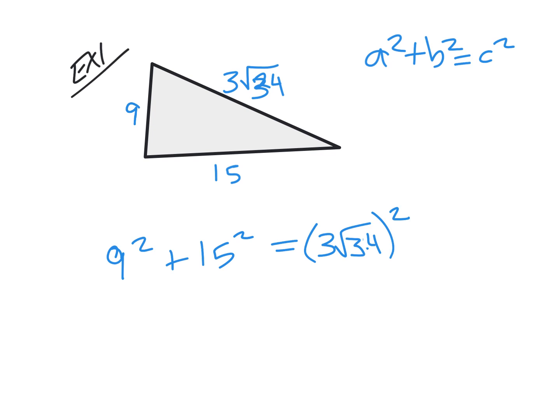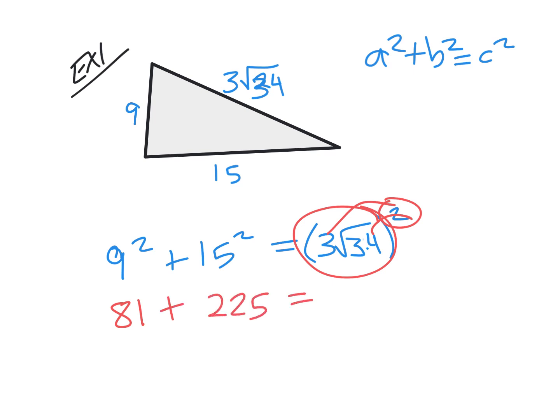All right, so now we're going to square everything. When you have this whole thing in the square, you can apply this square to the 3 and to the 34. Let's start on the left. What's 9 squared? 81. What's 15 squared? 225.